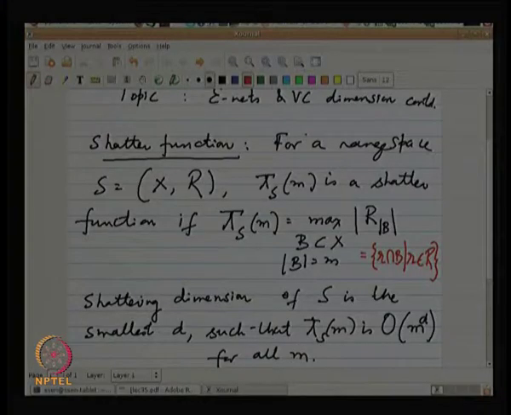If you recall, it is a very simple argument: because a trapezoid has to be defined by at least 4 segments, there are a maximum of n to the power 4 possible trapezoids, and those are the only distinct subsets that you can have. So you see that already we have n to the power d, where d is 4. So for the range space where S is a set of segments and the subsets are trapezoids, the shattering dimension is 4.